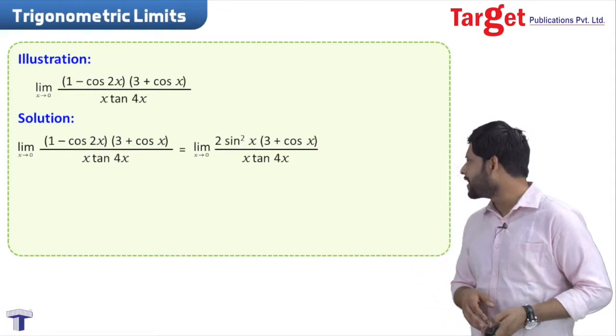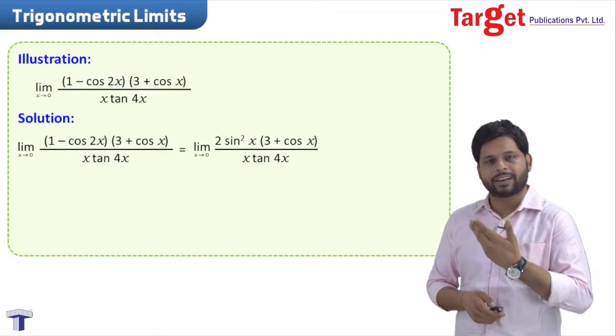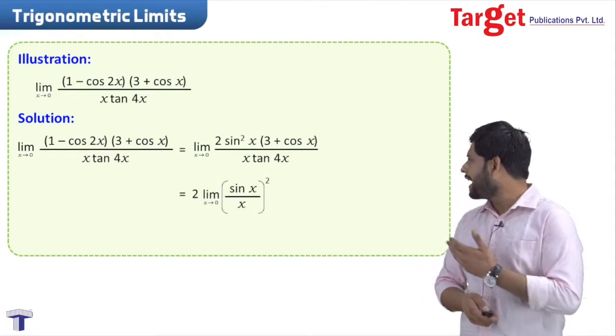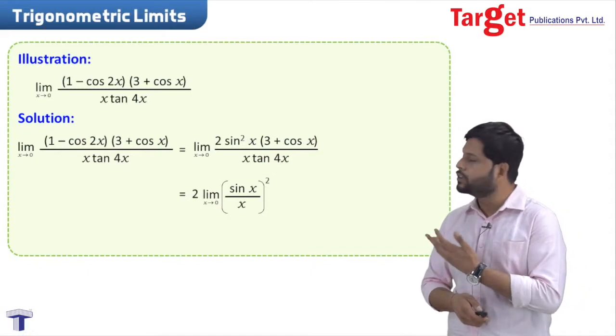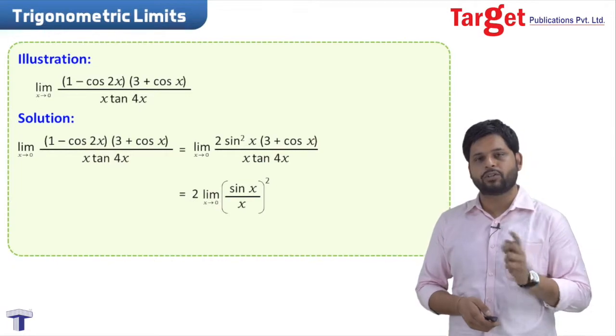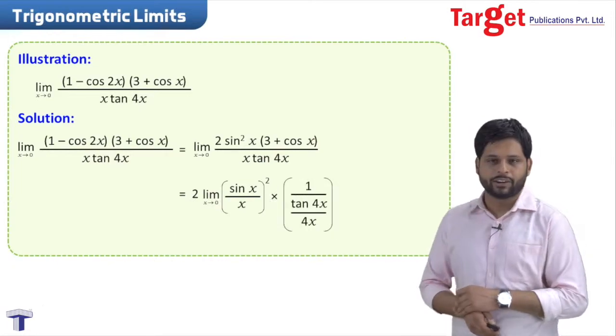So I'm multiplying and dividing by x square, so that it becomes (sin x upon x) whole square. The limit of sin x upon x as x approaches 0 is 1, so this limit can be easily solved now.